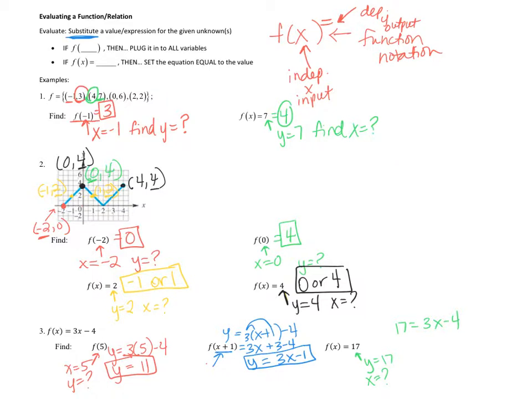So to solve this equation, I'm going to add my 4, divide by my 3, so x is going to equal 7. So the same idea, I set it equal to the y value this time, and I solved.